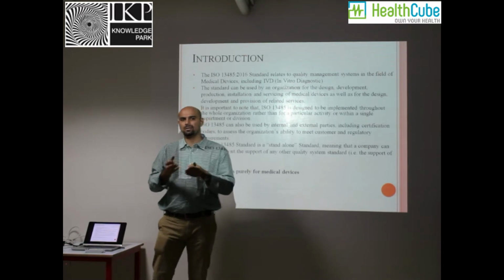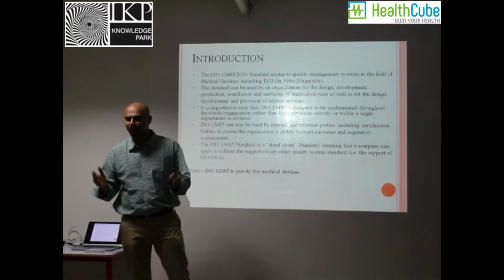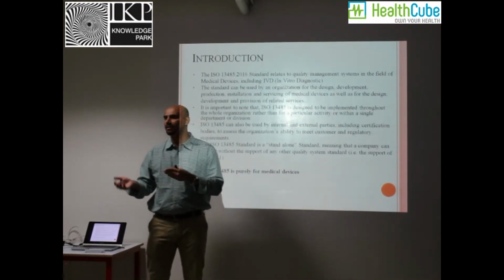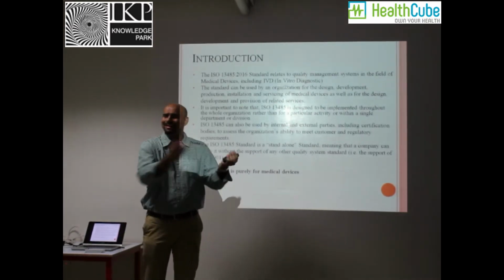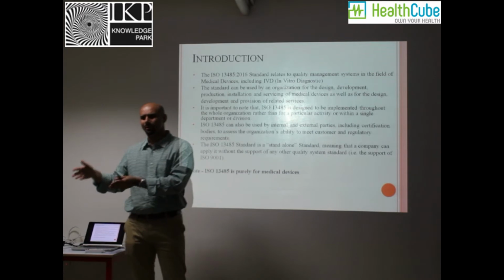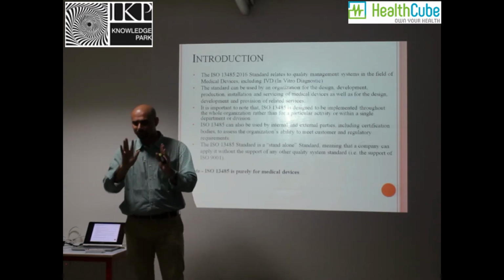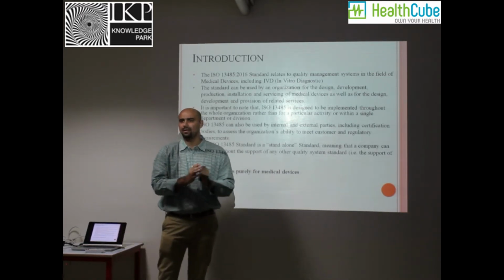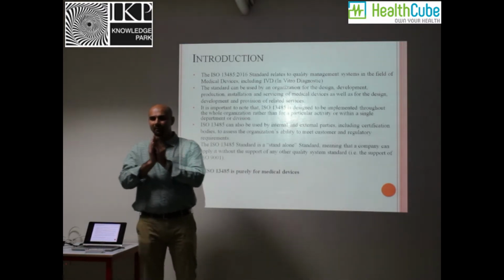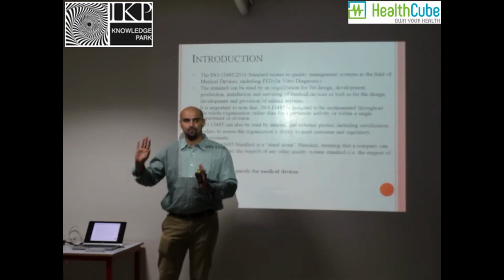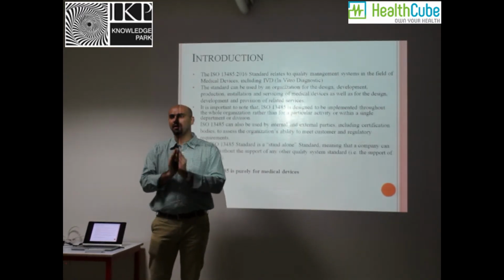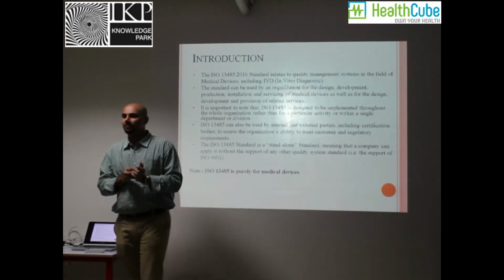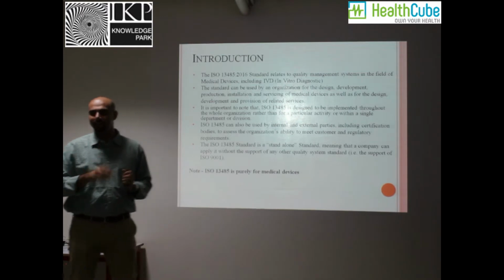Earlier, 9001 was a standard applicable for any industry, irrespective of whether you're a medical device maker or even if you're making rubber or anything, services or product based, any product, any service, you could go for 9001. From 2015, it's been made very clear that 13485 is only and only going to be the quality management system standard for medical devices, right? So that's one key thing.